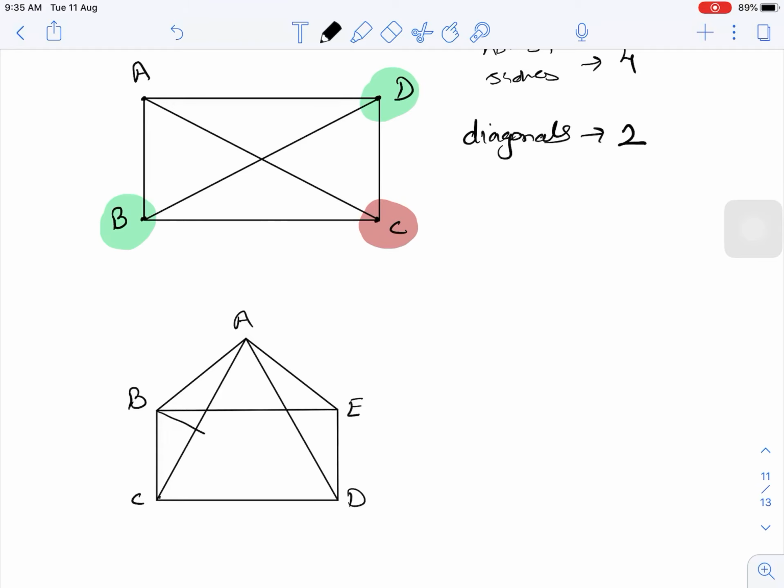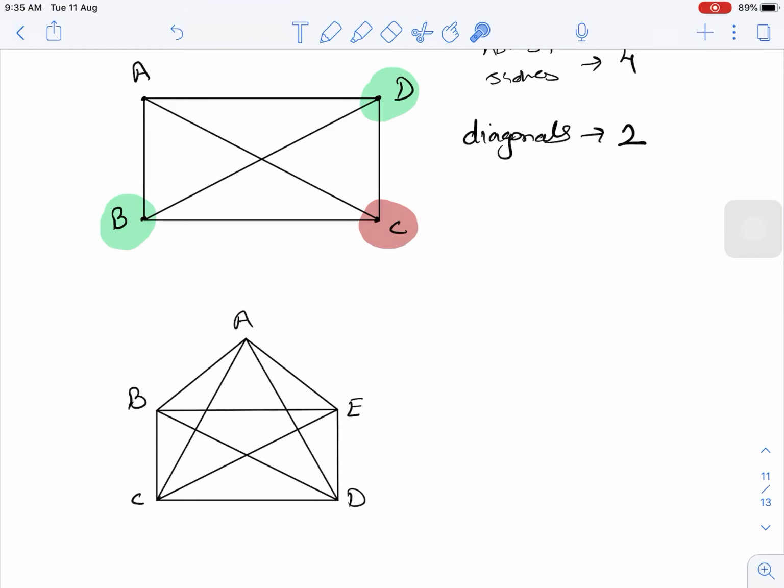From point B we can join to E. Now for point C, B and D are adjacent, so we can draw diagonals from C to A and E. The diagonal with A is already formed, so we just make it for E. This is our next diagonal. Similarly for point D, C and E are adjacent, so the opposite ones are B and A, and those diagonals are already drawn.